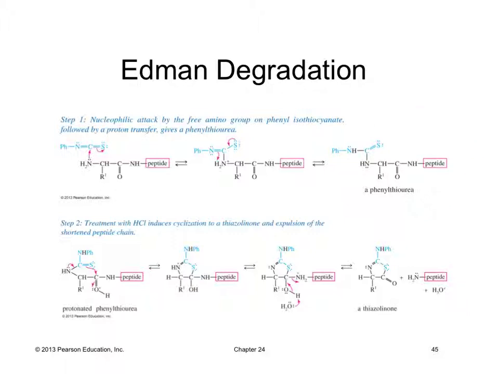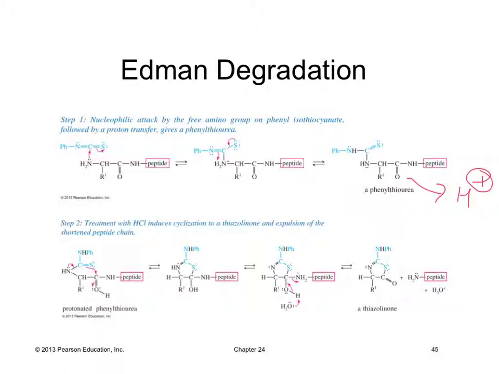The phenylthiourea will undergo rearrangement, in which electrons from your nitrogen come in to form a double bond, and the electrons from here form a bond with a carbon, and then electrons go to the oxygen. So in this case, the phenylthiourea is protonated. The step that isn't shown is that the carbonyl is being protonated.